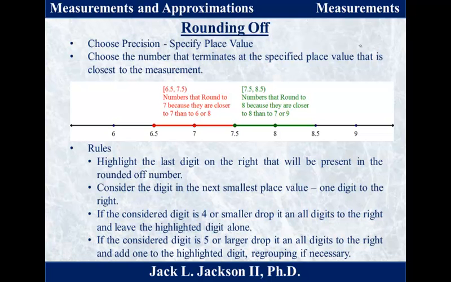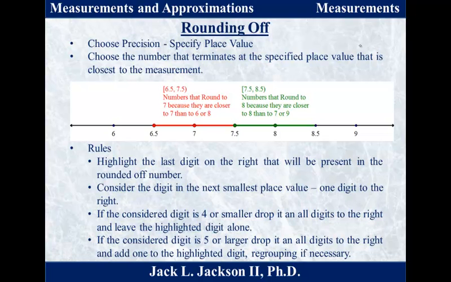Now, we do have a couple of places where they're tied. If it's exactly 6.5, then it's equally close to 6 and to 7. So we have to decide what to do with that one, whether we round it up to 7 or down to 6. Now, I have seen some books use some complicated schemes, but I'm going to use a very simple one, and there's a reason for it.